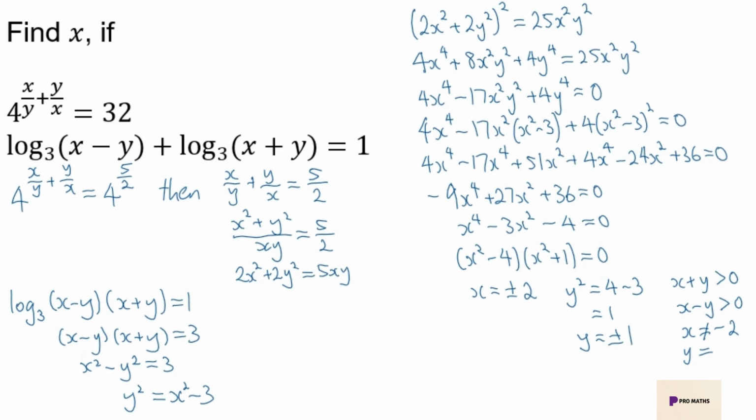That's not going to work. And that leaves us with x equals positive 2, and now we just need to make sure that y is 1 or negative 1. If we try y equals negative 1, it's actually not going to work in the first equation. We're not going to get 32. So that means x equals 2 and y equals 1, so therefore x equals 2.